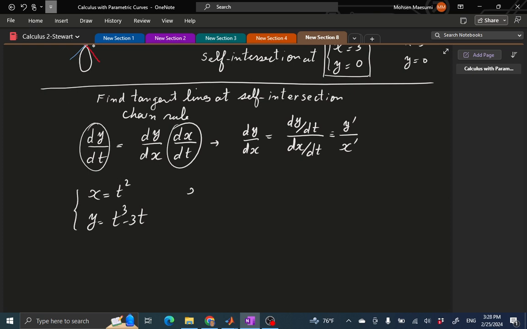So what's x prime? It means derivative with respect to t, this is 2t. What's y prime? y prime is 3t squared minus 3. What is dy/dx? dy/dx is y prime over x prime, which is (3t squared minus 3) over 2t.